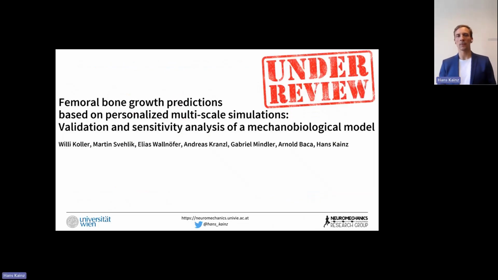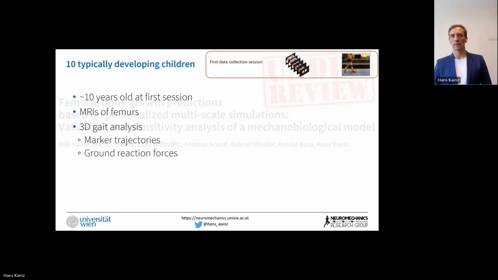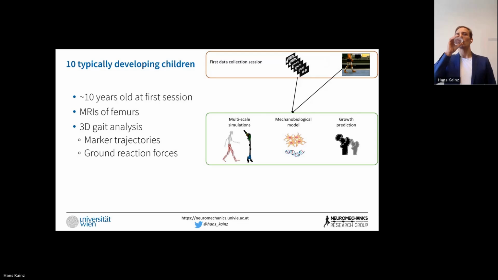And this leads now to the last study of what I want to present here today. It's a study which we just submitted a few weeks ago, which is currently under review. In this study, we collected some longitudinal data over the last few years. We had 10 typically developing healthy participants, and we collected MRI images and 3D motion capture data over a period of 2 years.